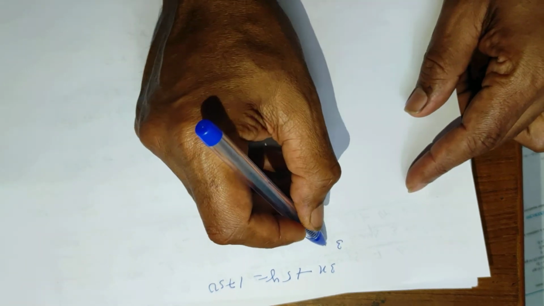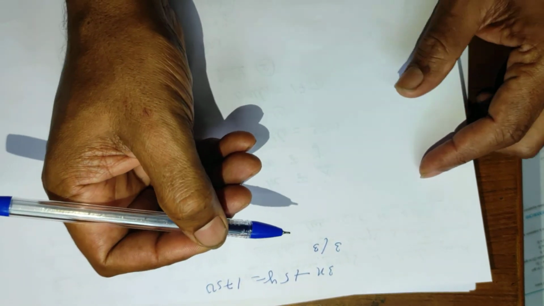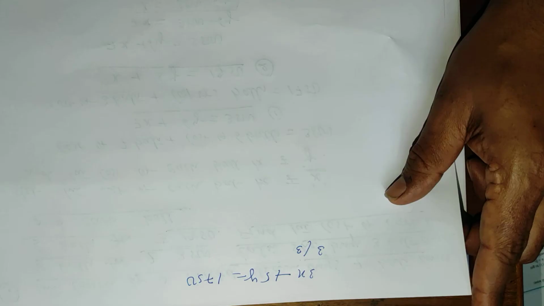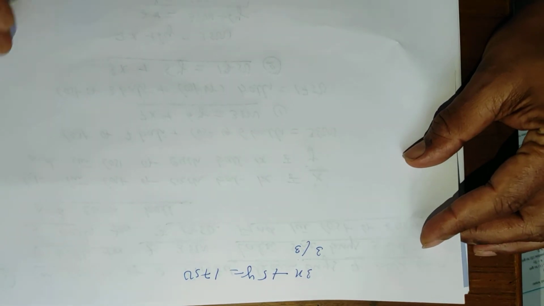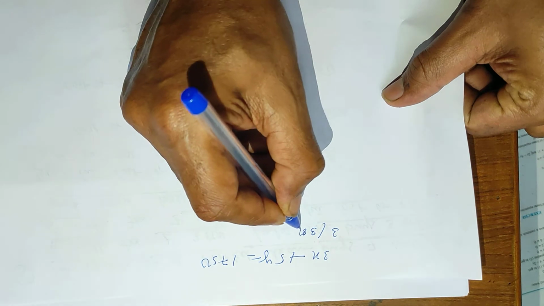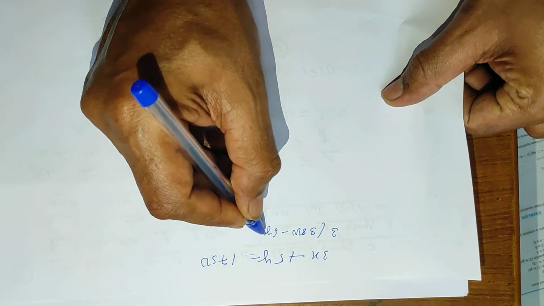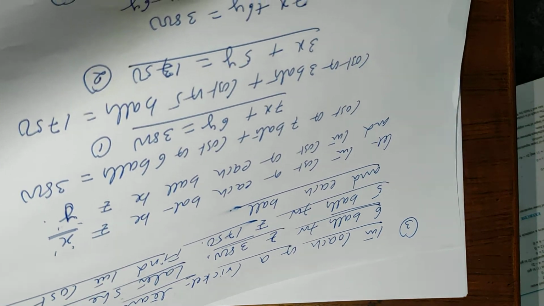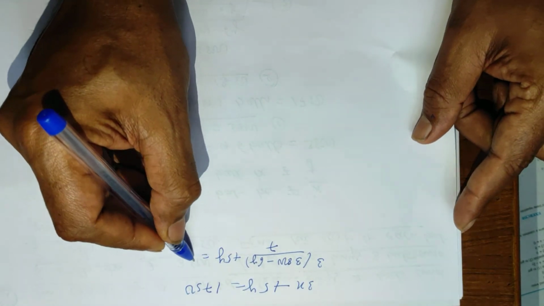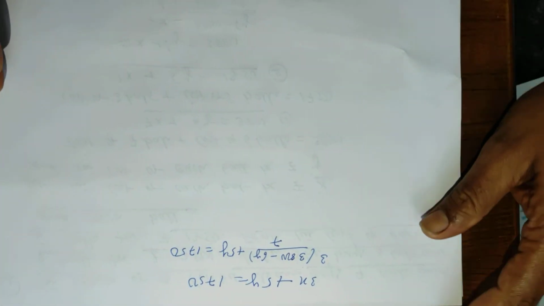So let me substitute the value of x. How much is x? 3800 minus 6y by 7. So 3 into 3800 minus 6y by 7 plus 5y is equal to 1750.